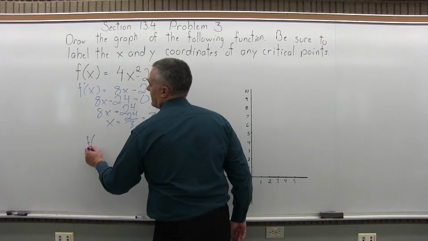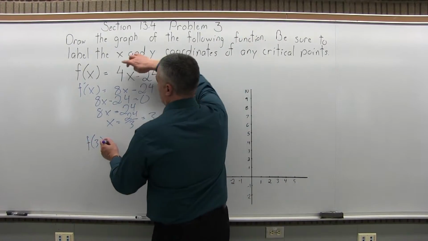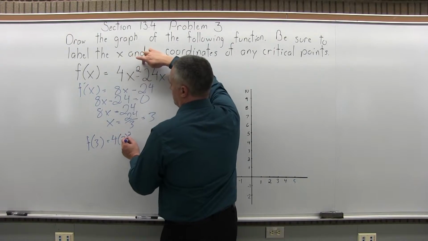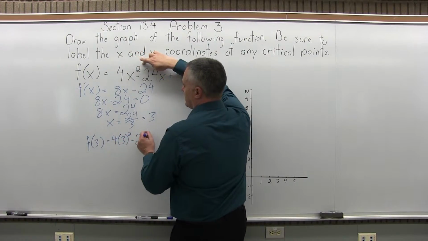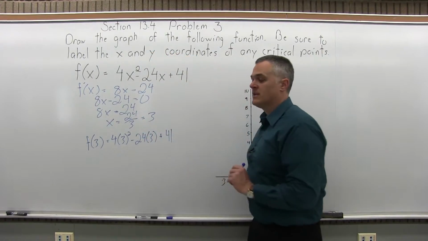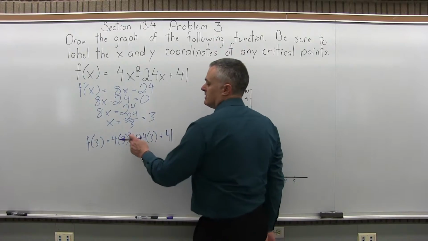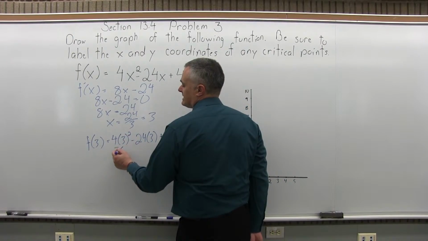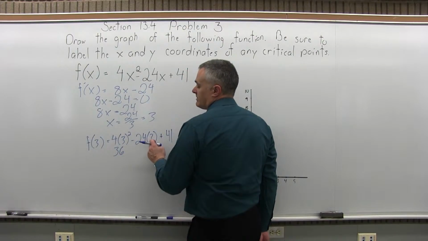So f of 3 will be 4 times x squared will be 4 times 3 squared minus 24 times x is 24 times 3 plus 41. Now if we do the math, 3 squared is 9 times the 4 in front. 9 times 4 is 36. 24 times 3 is 72.